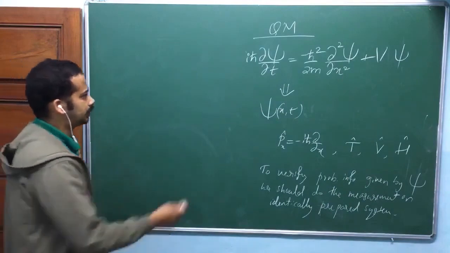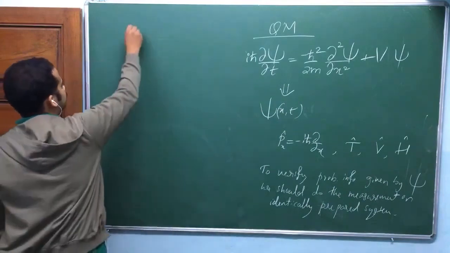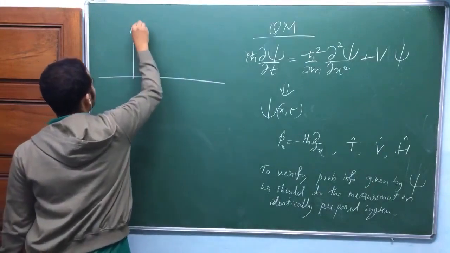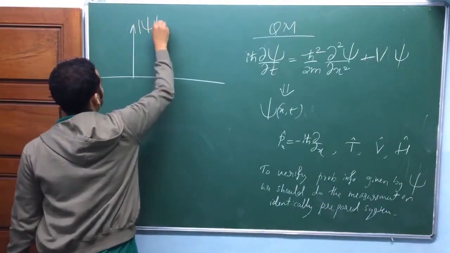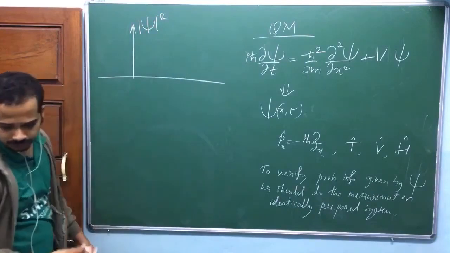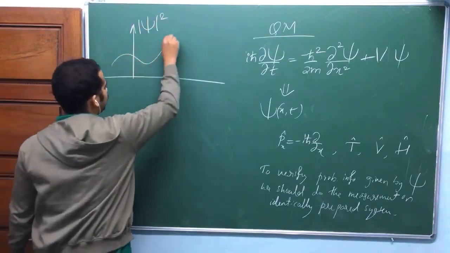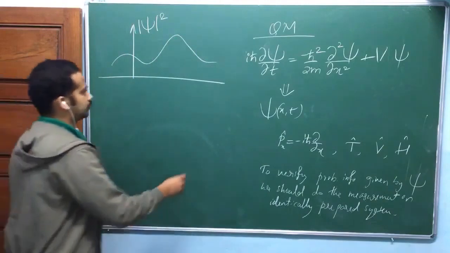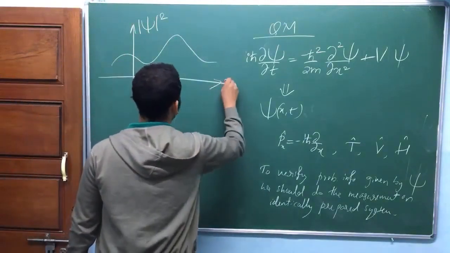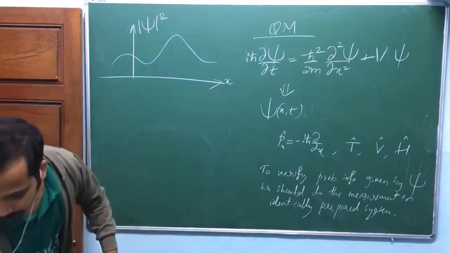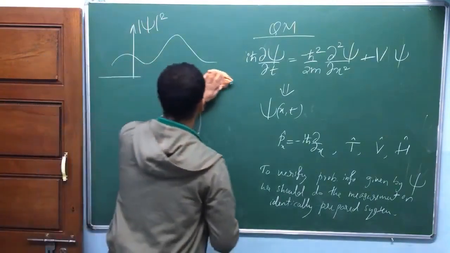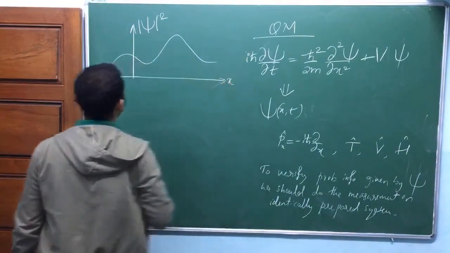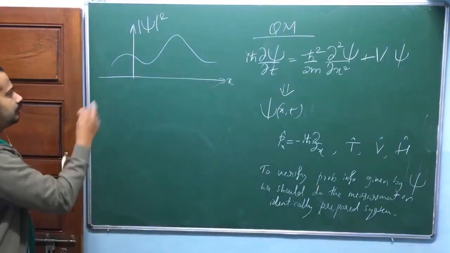Suppose you have a wave function, if you plot mod psi square, we call that probability amplitude also, am I right? If you plot mod psi square, you will get this kind of distribution as a function of x at some instant of time. Let me say like that, okay? I have drawn this one at some instant of time.